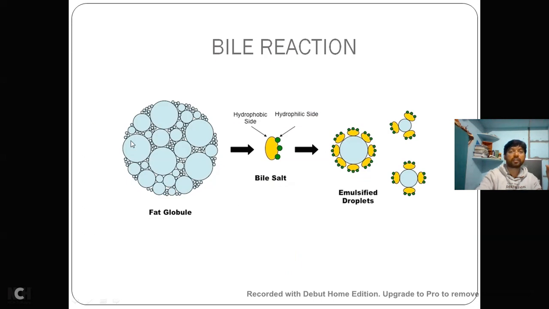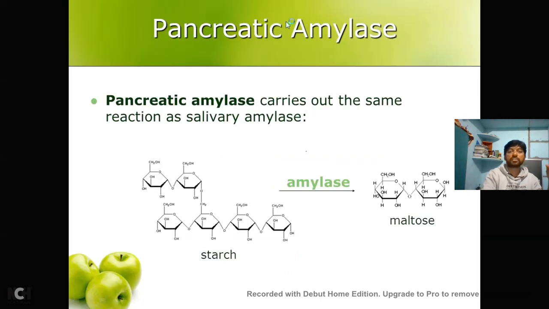Let us understand the reactions here. See, first pancreatic amylase. Do you remember the word amylase? While I was explaining salivary amylase, the same function is carried out by the amylase here, but it is secreted in the pancreas. That's why it is called pancreatic amylase, right? It will break the remaining starch.